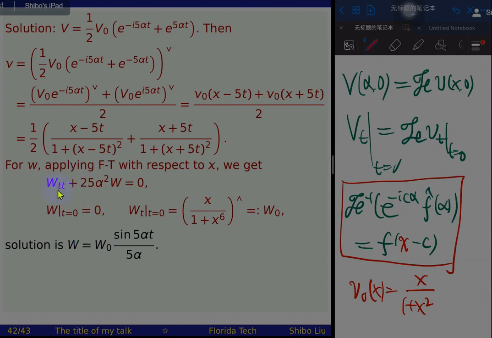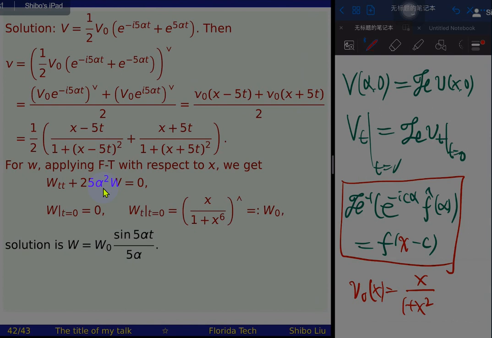As you can check, the general solution of this ODE can be written as a linear combination of sine(φαt) and cosine(φαt). Then using the initial condition, you can determine the coefficients of the linear combination. It turns out that this capital W is the solution of this initial value problem for the ODE.